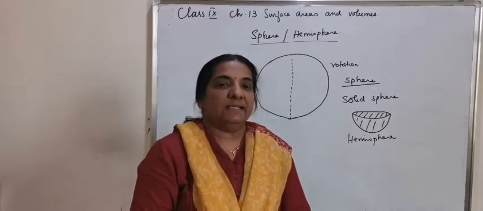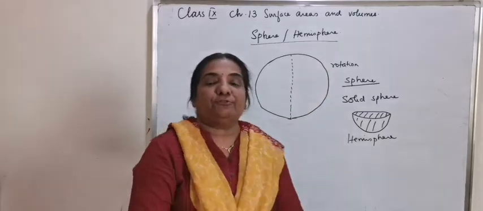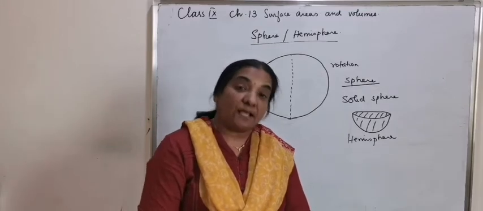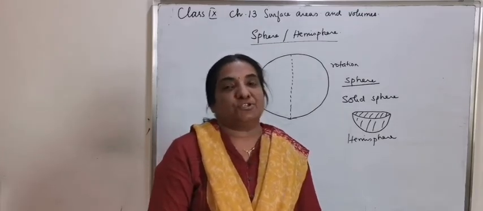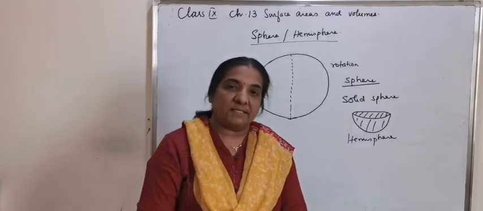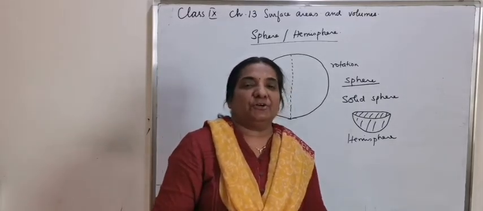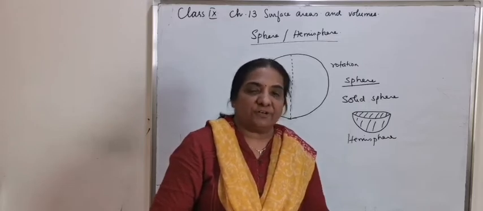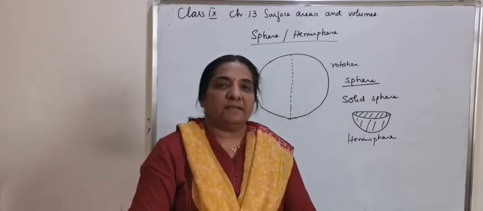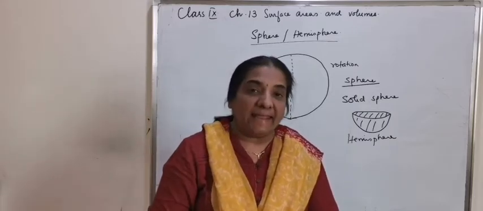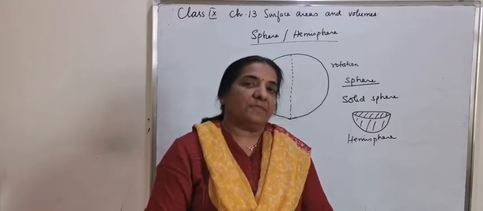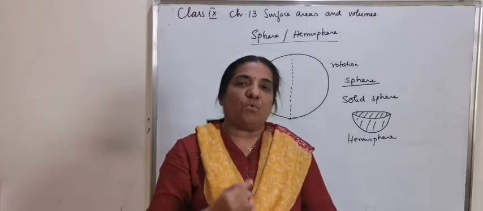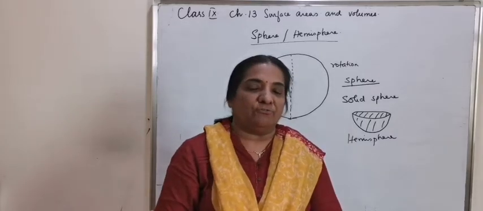If you want to find the surface area of a sphere, the possible activity is this: imagine a rubber ball in front of you, then just pierce one nail into it and using a string you can take one rotation of the string.